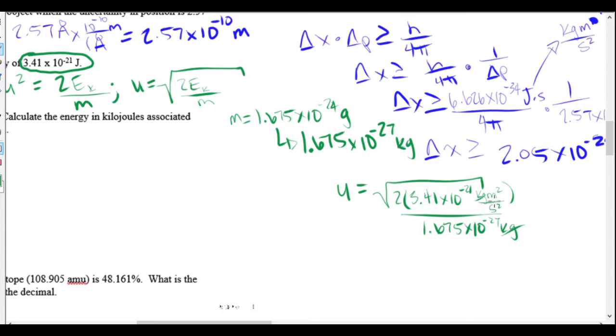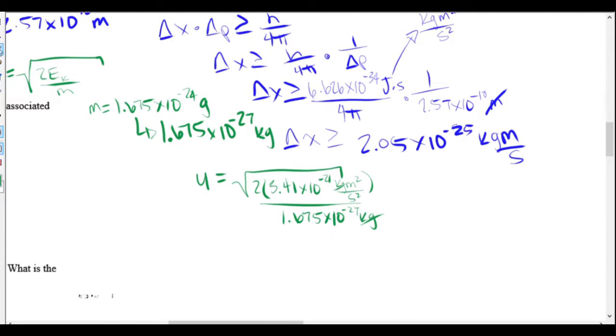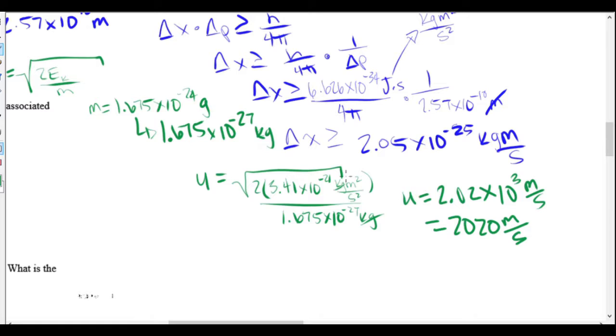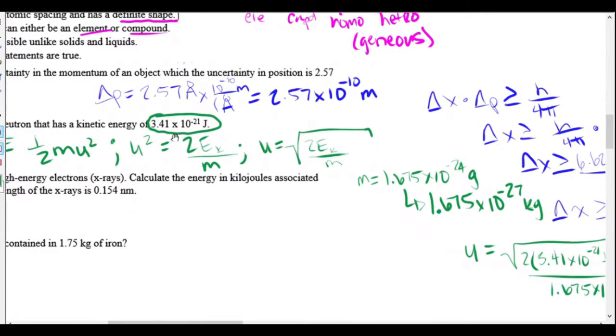So kilograms are going to cancel, and we'll have meters squared over seconds squared; taking the square root of that though, as you know if you've looked at the paper, the answer is going to be 2.02 times 10 to the 3 meters per second, or how she has it written on the paper. And that keeps our 3 sig figs that we wanted, because there are 3 sig figs in this.